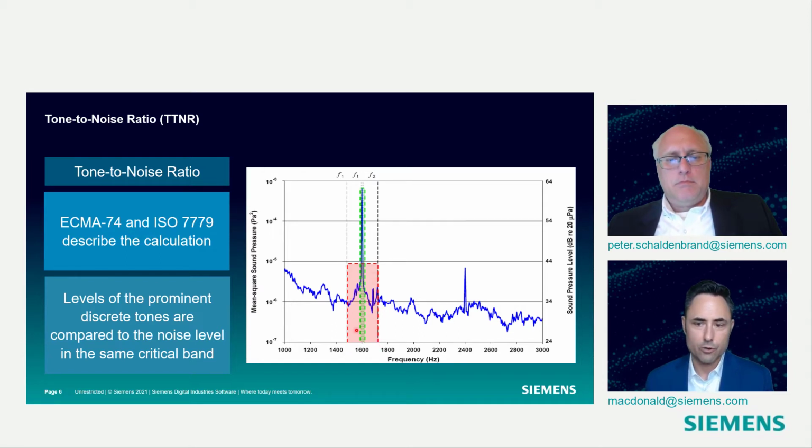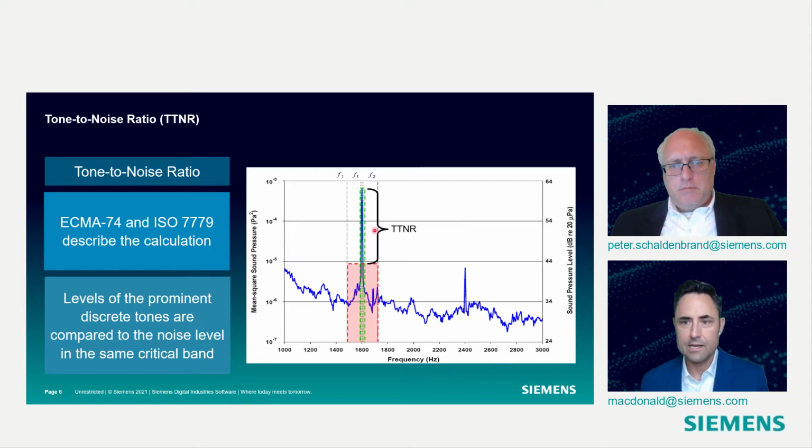This is called a critical band, and it's just a group of frequencies centered around this main tonal frequency. We look at the level of noise summed up across that band and see the difference between. So the difference between the tone's amplitude and how far it is above this critical band level, that is the tone to noise ratio. Okay, does that make sense, Pete?